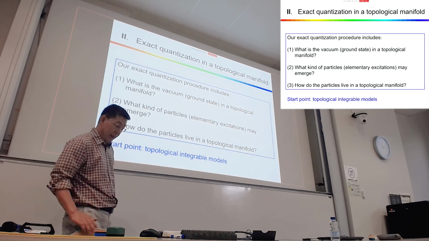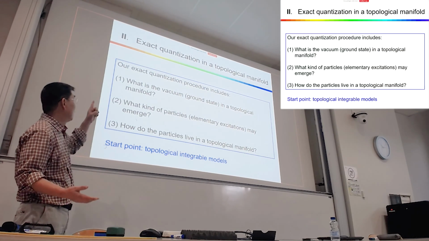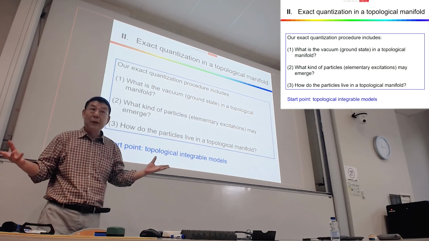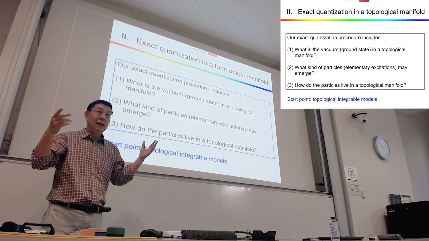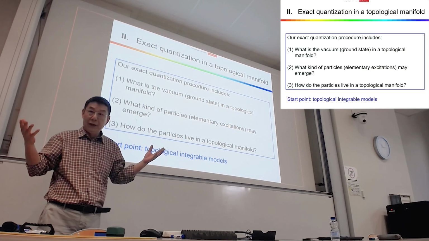So the exact quantization procedure, of course, includes, the first one, what's the vacuum? Because there's no U1 symmetry. And even without a clear picture about the particles.